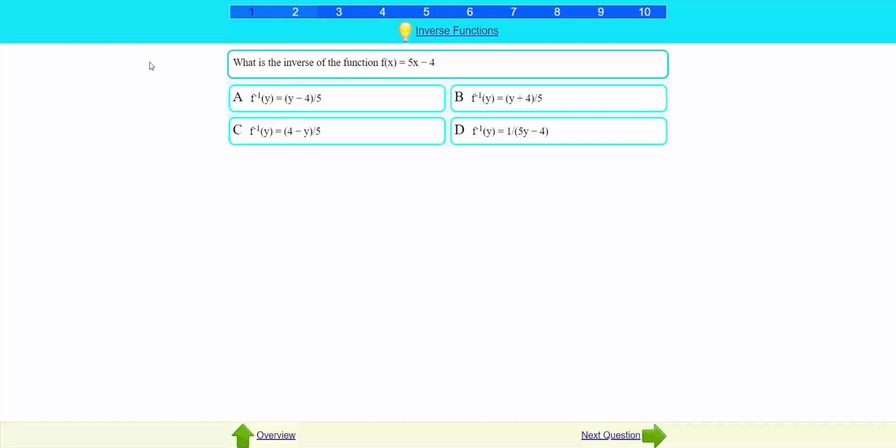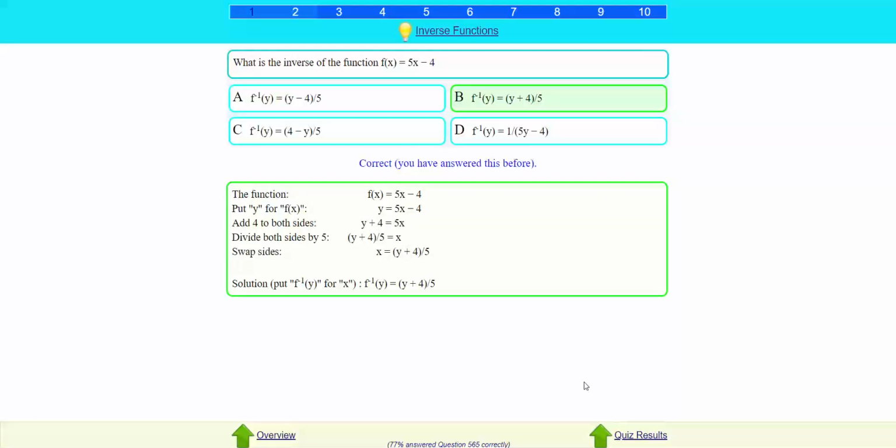So instead of f of x going from the domain to the range, we're going from the range to the domain. And in that sense, the range would be the value of y. So if we have the range, we can actually get the value of the domain. And in that sense, x equals y plus 4 over 5.